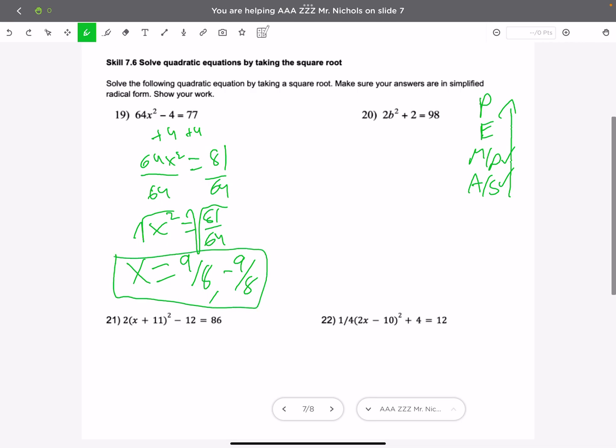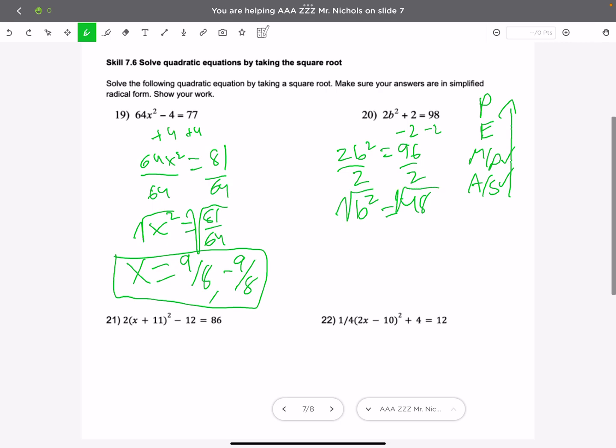All right. And I'll do the same thing for problem 20, right? So I subtract 2, and I get 2b squared is equal to 96. Then I divide by 2, b squared is equal to 48. Square root.